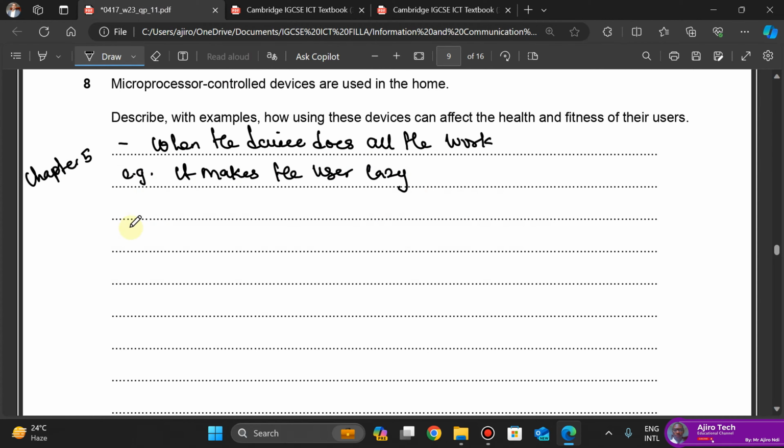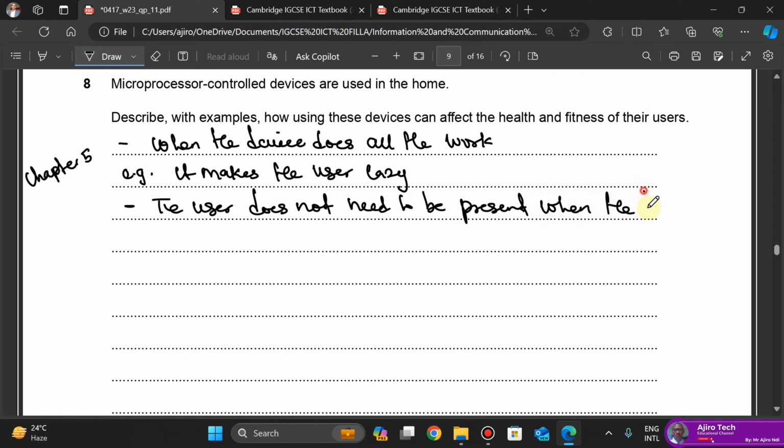So that's two already. Then another one is how it can affect their health and physical fitness. Another one is the user does not need to be present when the device is working.